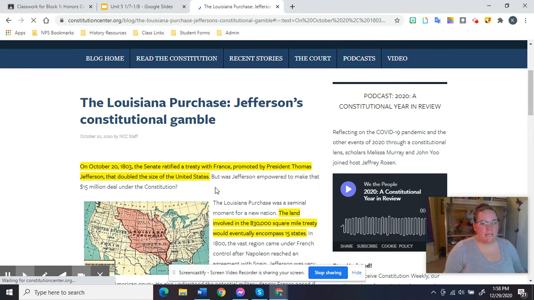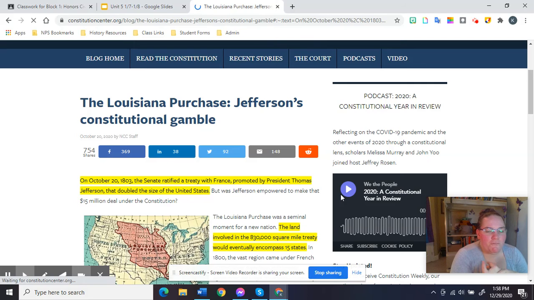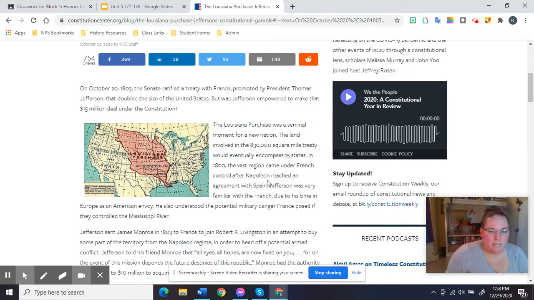So, as it says, on October 20th, 1803, the Senate ratified a treaty with France promoted by President Thomas Jefferson that doubled the size of the United States. But was Jefferson empowered to make that $15 million deal under the Constitution? The land involved 830,000 square miles. It would eventually include 15 states.